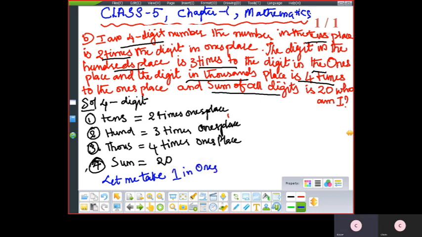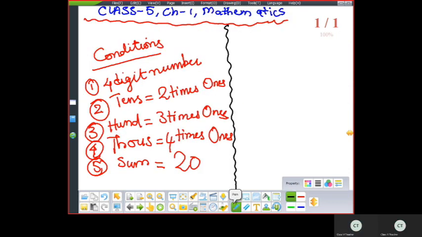Let me try doing that. We have 5 conditions in our problem. So let me take one number. It is a 4-digit number, so let the ones place number be 1.